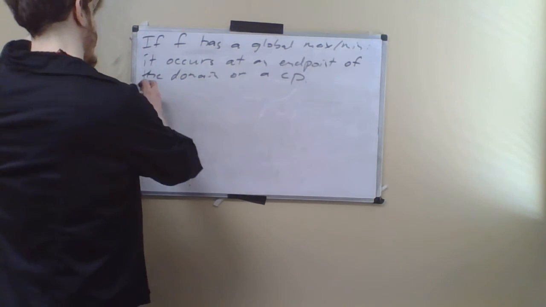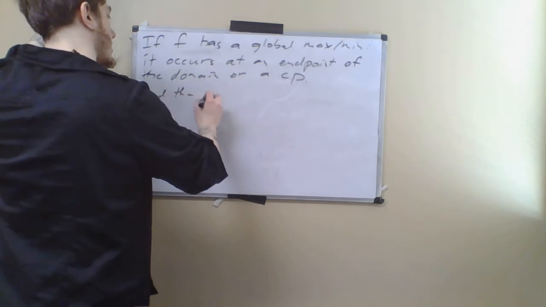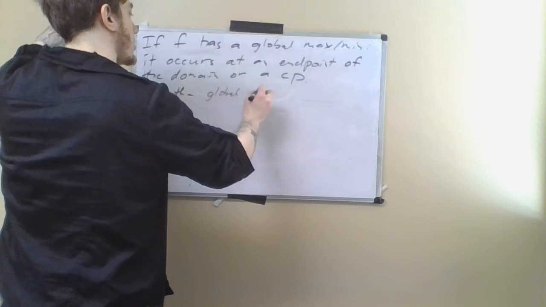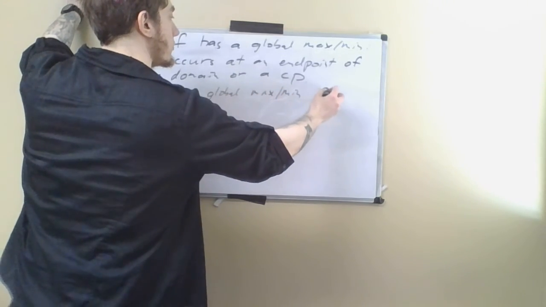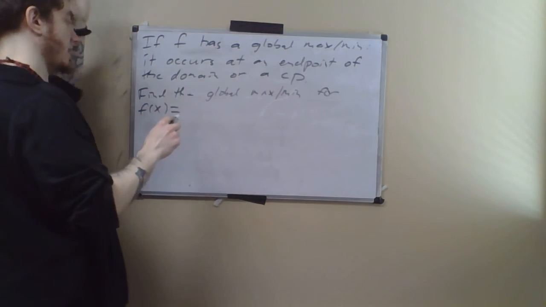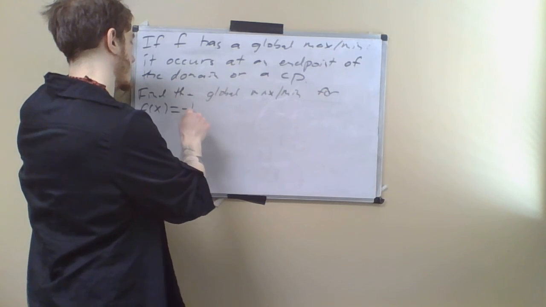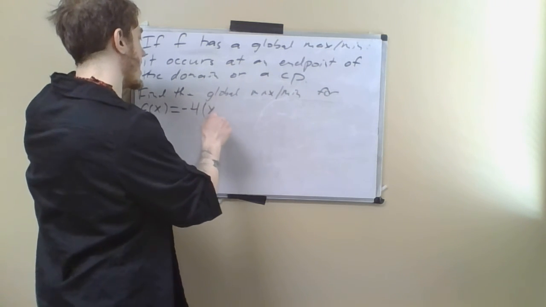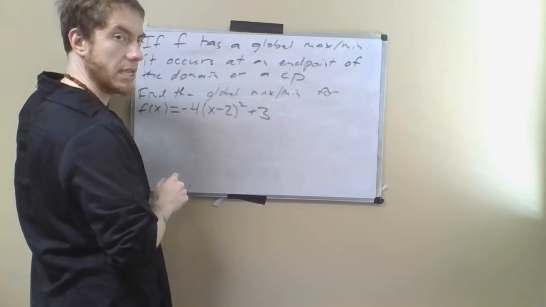As an example of this, if I want to find the global maximum and minimum for f of x is equal to, let's say, -4 times (x minus 2) squared plus 3.